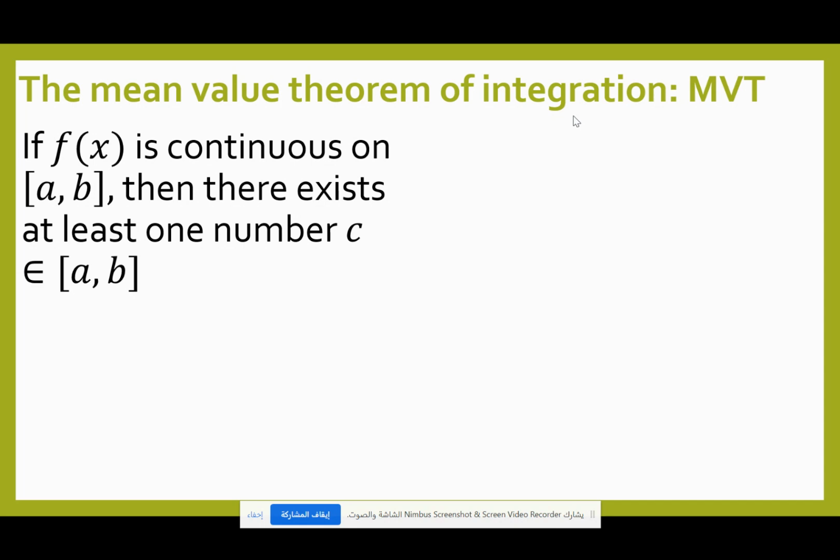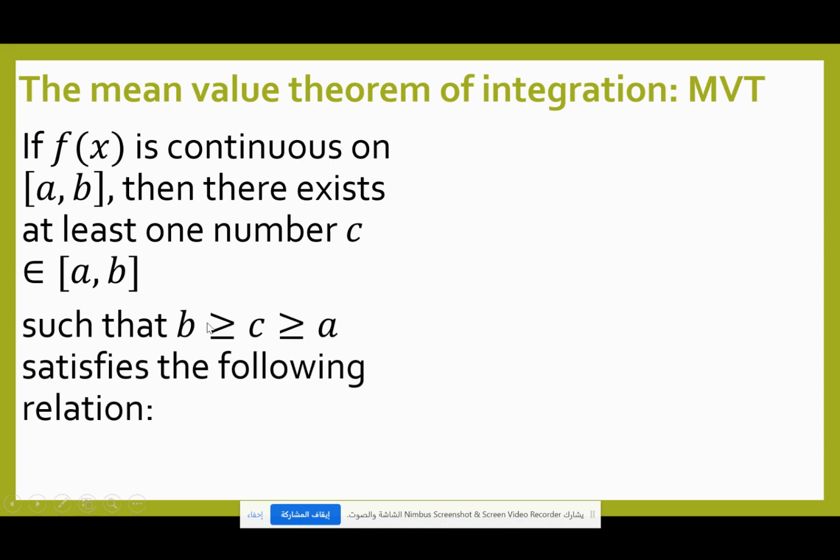And when we are talking about area, we need only the function to be continuous, to be integrable from a to b. And this is going to appear somewhere to give me the length and the width of the region to calculate the area, such that this c should be between a and b, and it might equal them. Look at the difference between integration and differentiation.